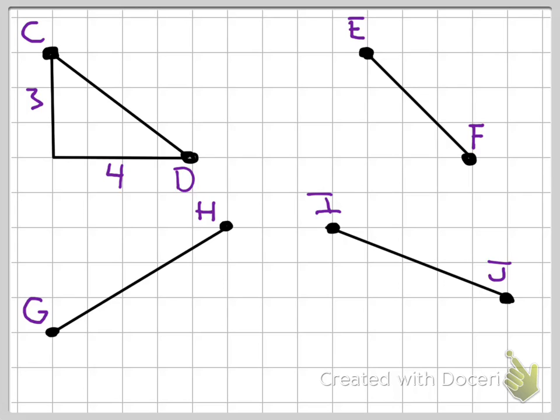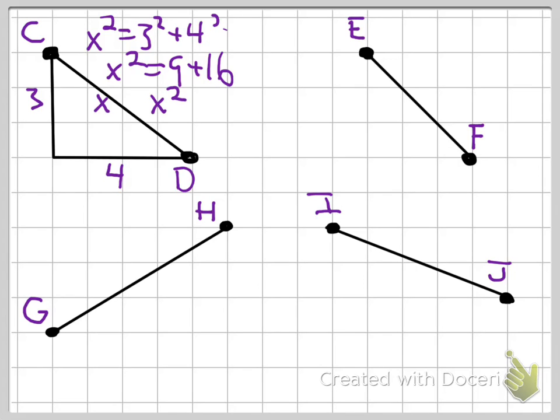So I could say that my hypotenuse, let's call it x here, x squared is equal to 3 squared plus 4 squared. X squared equals 9 plus 16. X squared equals 25, which we should hopefully know means x is 5. So the length of my hypotenuse there is 5.